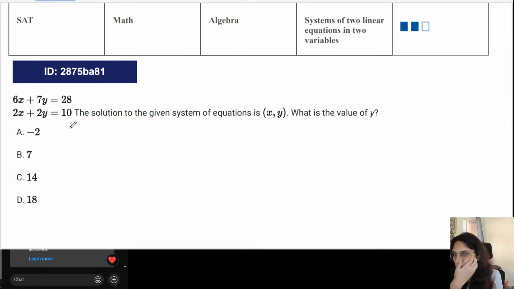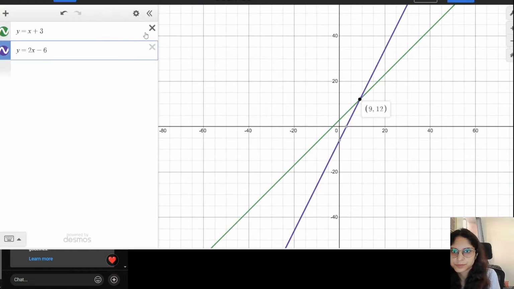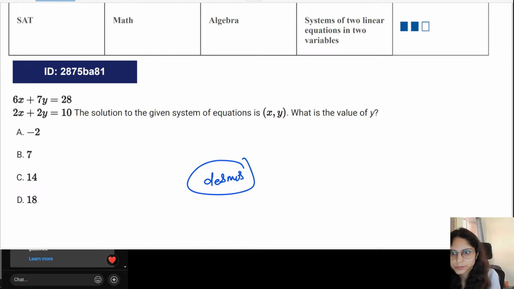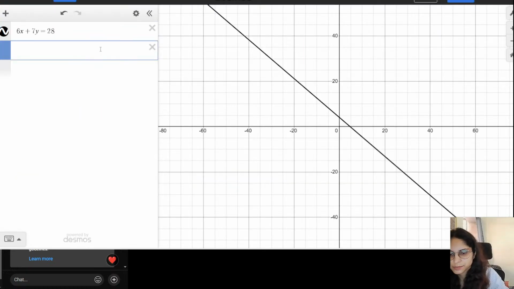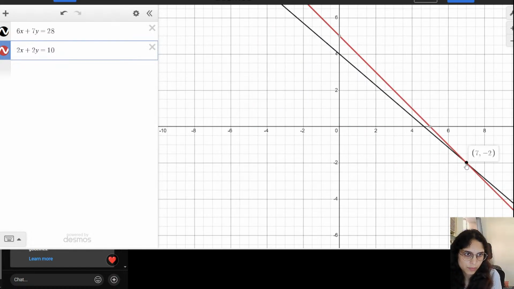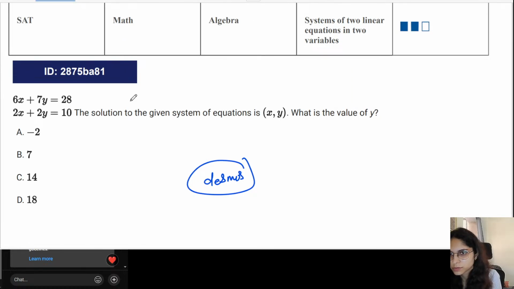Adding or subtracting is not going to work, so we'll simply use Desmos. 6x plus 7y is equal to 28, 2x plus 2y equals 10. 7 comma negative 2. You're looking for the value of y, which is negative 2.